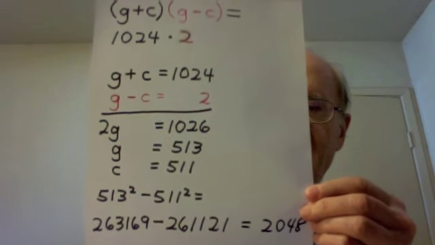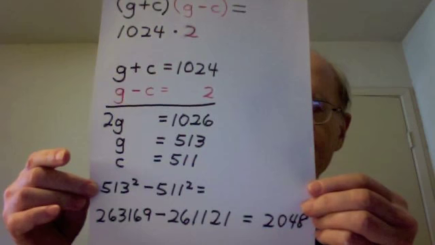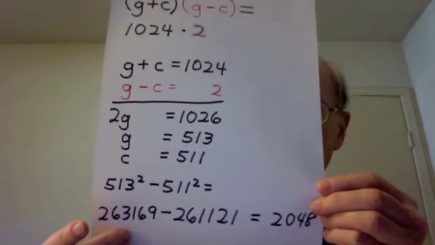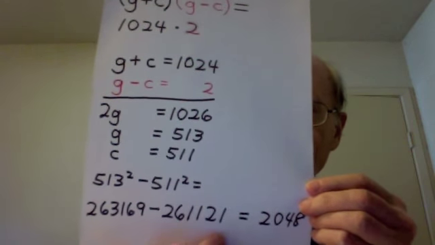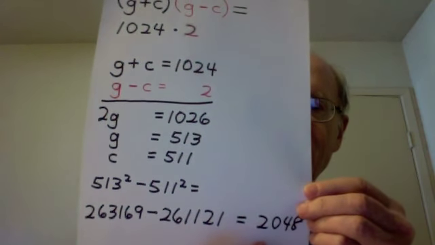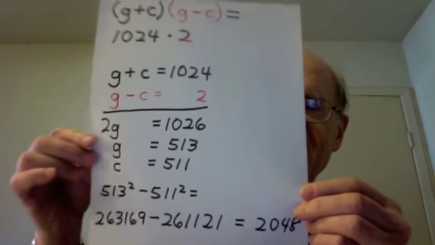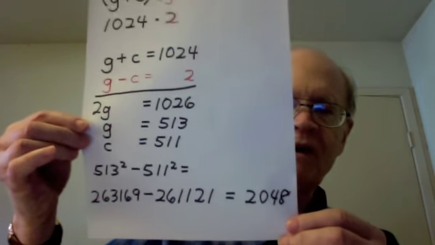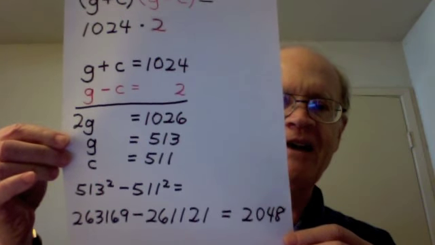And indeed, we have here two square formations. 513 squared, that's a lot of cookies, minus 511 squared, that's also a lot of cookies. The two armies differ by 2,048. This is a possible solution to the problem. I'm going to call it the first candidate solution.